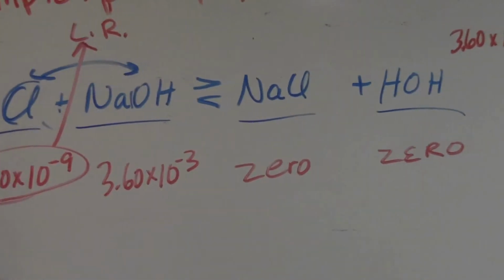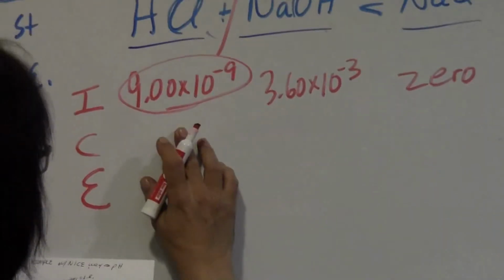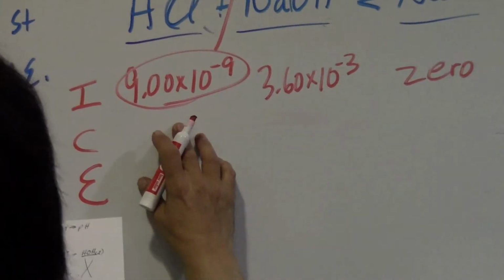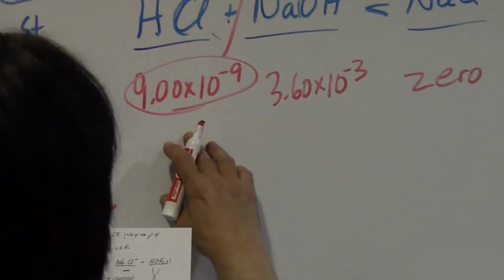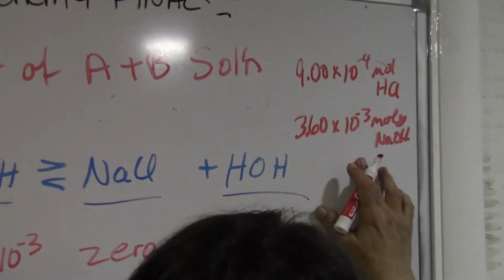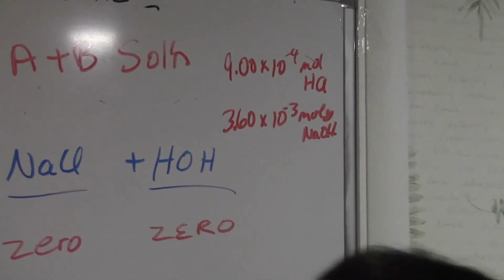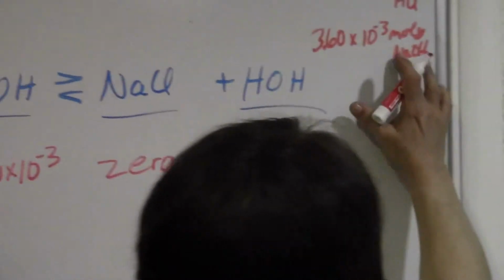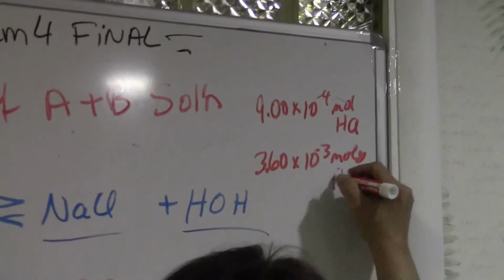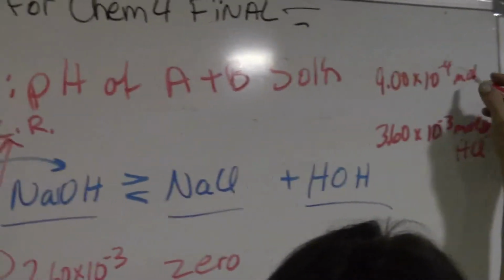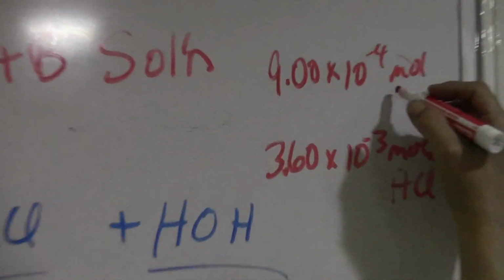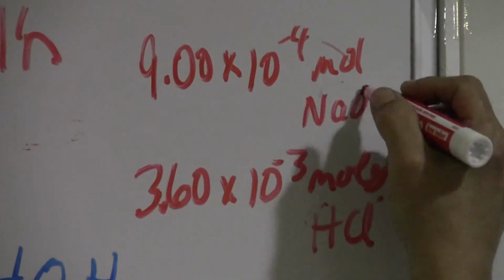All right, so when we subtract this, wait a minute, did I write it backwards? Did I write these numbers backwards? I guess I wrote these back. 3.60 moles of HCl, 9.0 times 10 to the minus 4th NaOH.